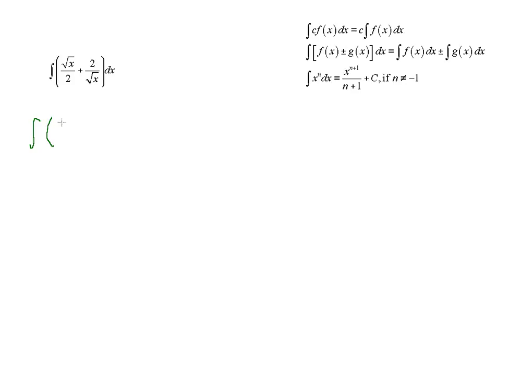So we have the definite integral of 1/2 times x to the 1/2 plus 2 times x to the negative 1/2. And now we can just use these properties over here. So we're going to say 1/2. I guess you get good at fractions doing this.